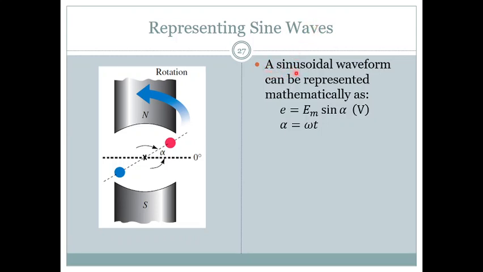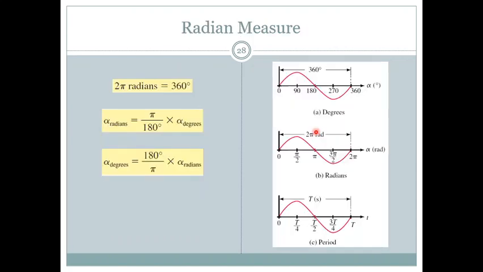Right, so sinusoidal waveforms can be represented using a rotating vector, or mathematically using this equation, which we used earlier as well. So Em sin alpha, or sin omega t. Omega is the angular frequency, t is the time.